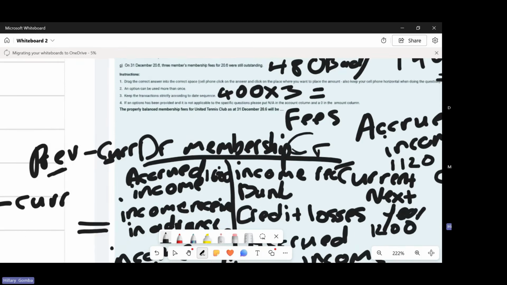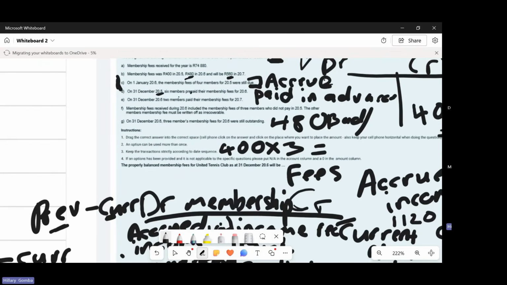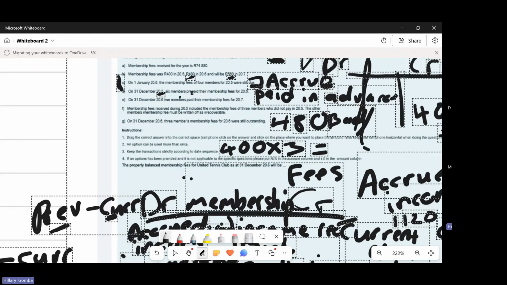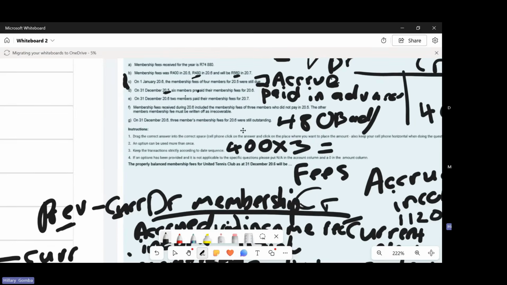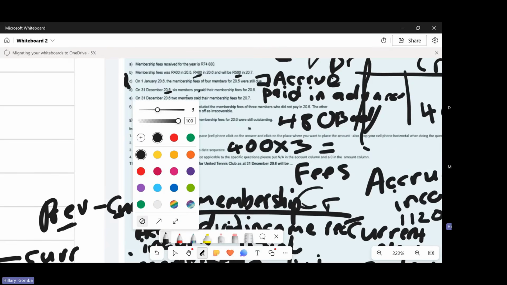All right. If you don't have any questions, then we can proceed to G. G says on 31 December 2026, 3 members' membership fees for 2026 were still outstanding. So it means this is an accrued what? Income, right?